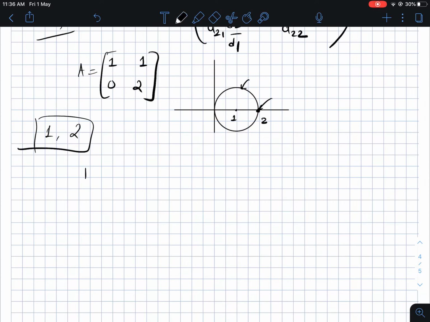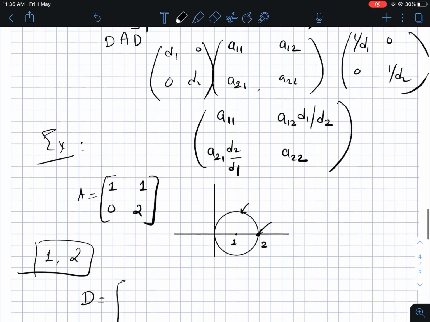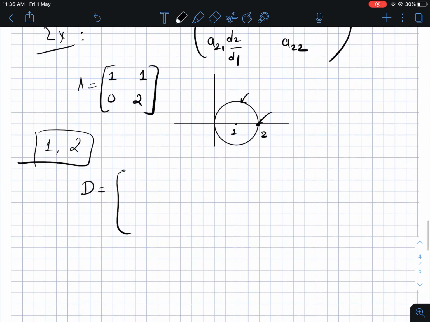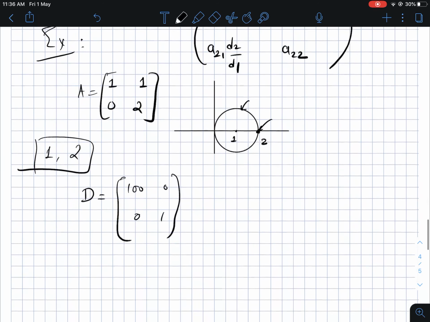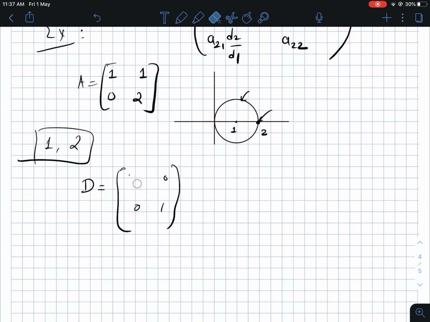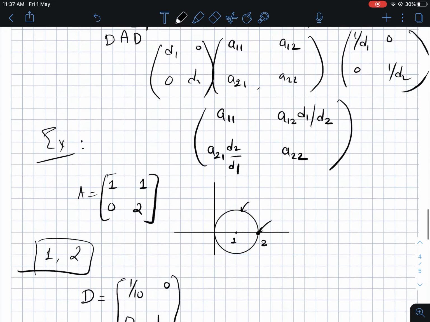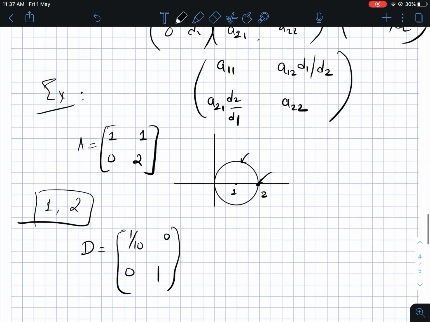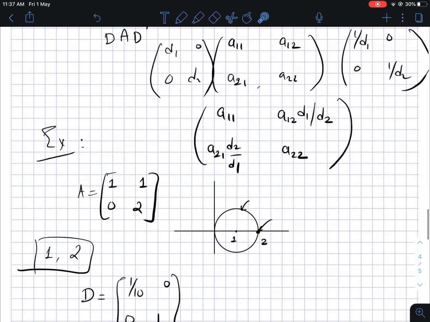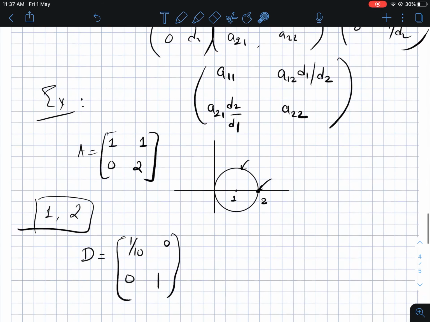It doesn't really help us much in this context. Okay, but suppose I pick D to be like 1 by 10, 0, 0, 1, something like this. Okay, fine. So let's say I pick D to be this. In other words, from this example here, D1 is 1 by 10, and D2 is 1.